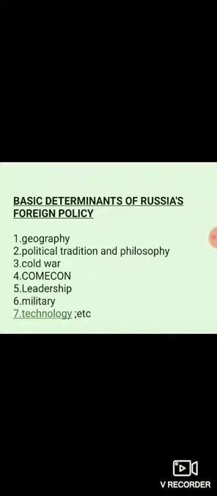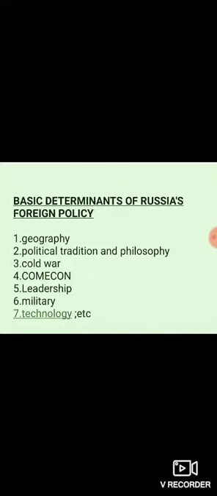The political tradition of Marxism-Leninism and the philosophy of Marxism and socialism also greatly determined Russia's foreign policy. Obviously, the Cold War factor was there, and Comecon, economic diplomacy, a kind of Soviet Marshall Plan, also determined Russia's foreign policy.